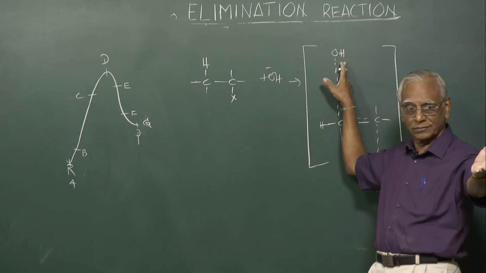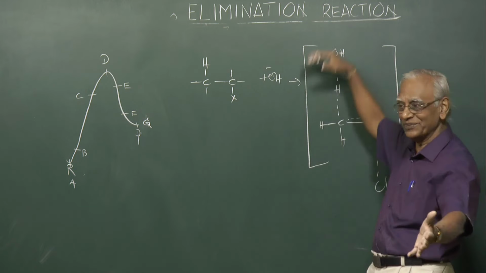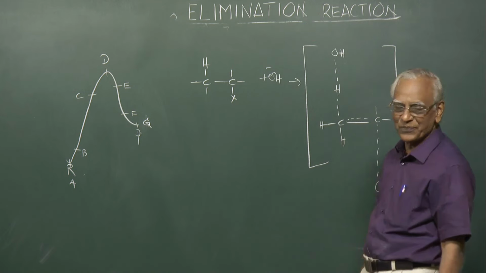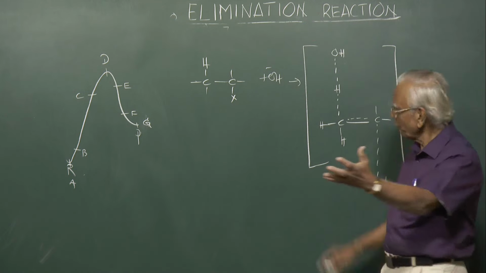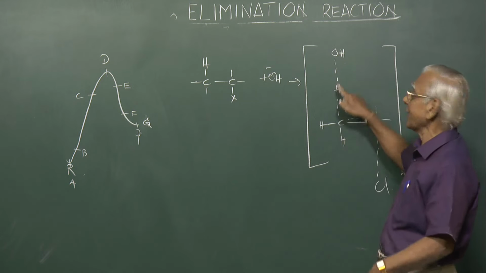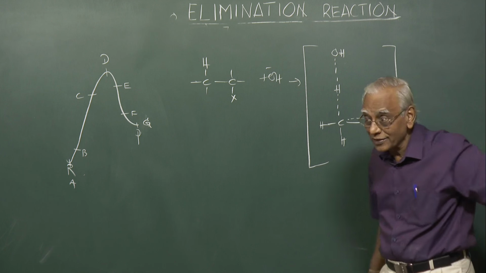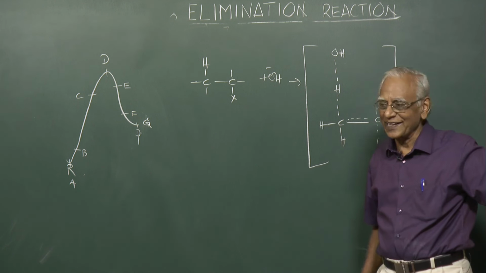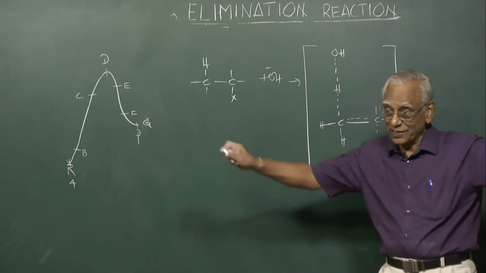No. It can be 180 also. The OH group is coming and attacking directly opposite, anti. So could you fix the bond angle at the initial stage? No. But definitely I can fix the bond angle when it is converted to the product. Water, what is the bond angle of water? 104.8.